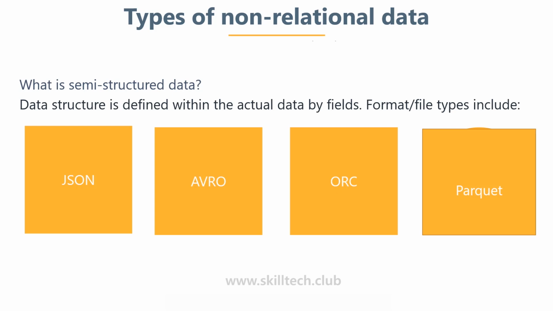We also have a third one, ORC, which stands for Optimized Row Column Format. ORC organizes data into columns rather than rows. In the first 2 formats, we organize data in the form of rows, while ORC focuses on columns. That's the reason for the name Optimized Row Column Format.